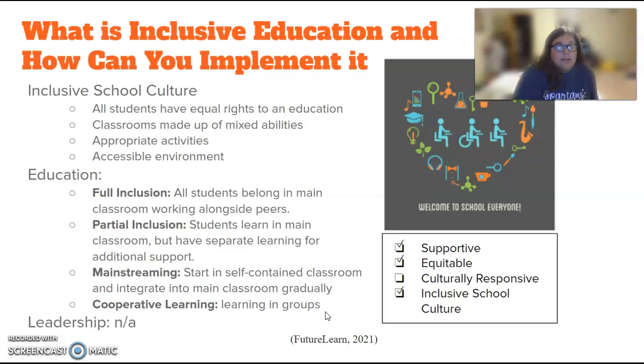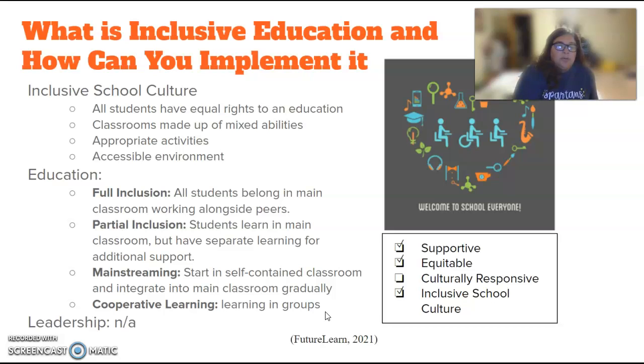The options in an educational setting were full inclusion, where all students belong in a main classroom working alongside peers; partial inclusion, where students learn in the main classroom but have separate learning for additional support; and mainstreaming, where they start in a self-contained classroom and integrate into a main classroom gradually. It also talked about cooperative learning, where you're learning in groups.